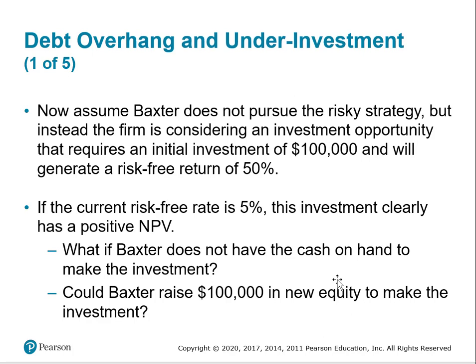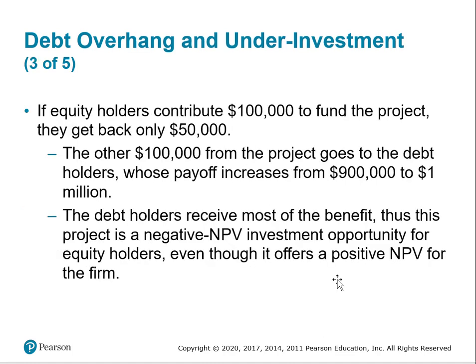What if they don't have cash on hand to make the investment? So how are they going to get this $100,000? They could raise $100,000 in new equity. If the equity holders contribute $100,000 for the project, they get back only $50,000.